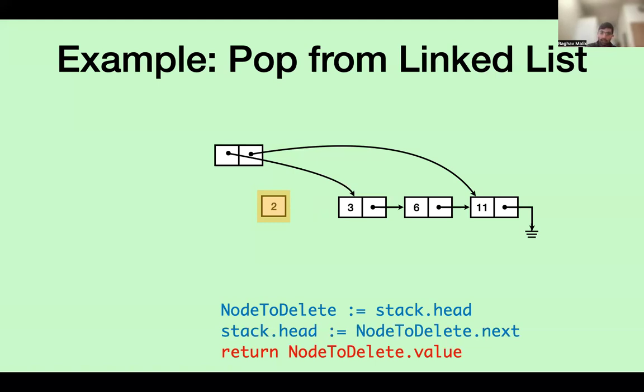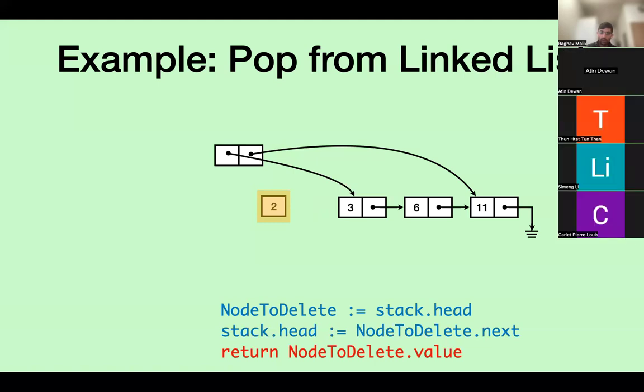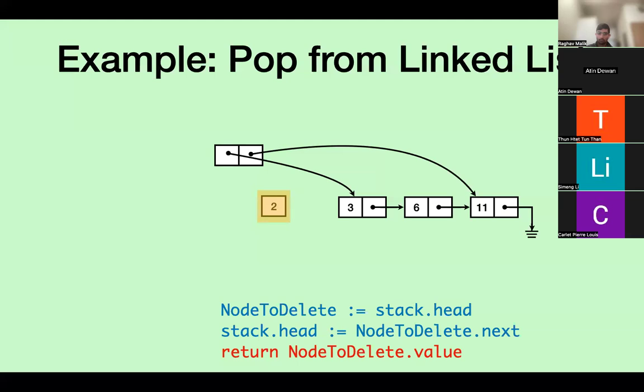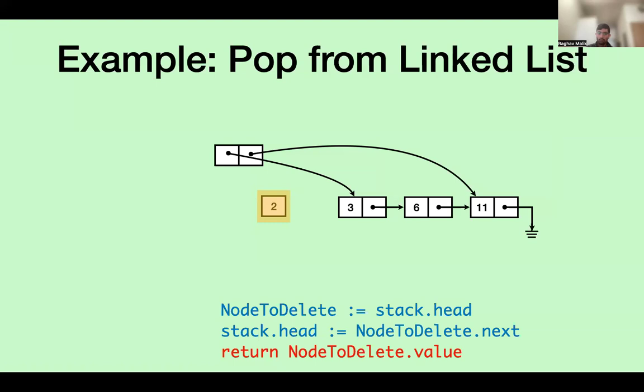Does the linked list implementation of stacks make sense to everyone? Or are there any questions about that before we move on to the array example? I see a thumbs up. I see a couple thumbs up. All right, cool. I am going to move on.